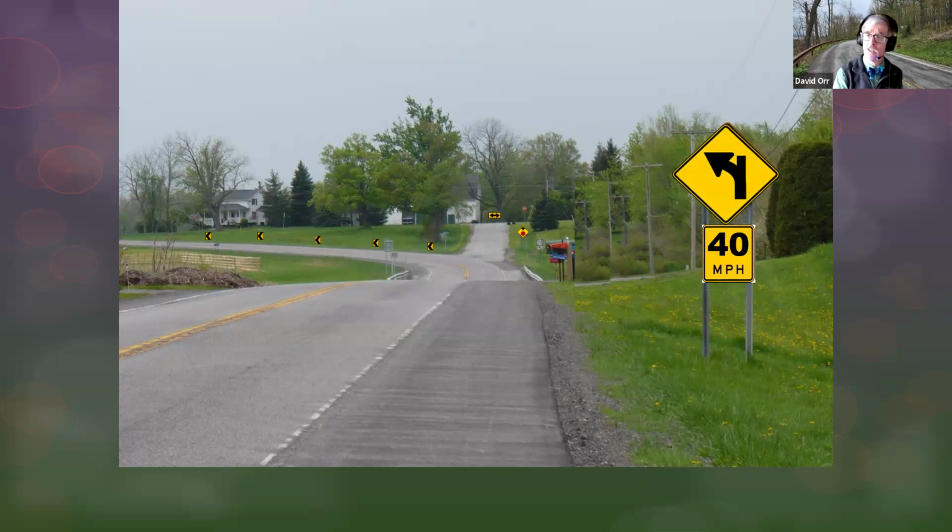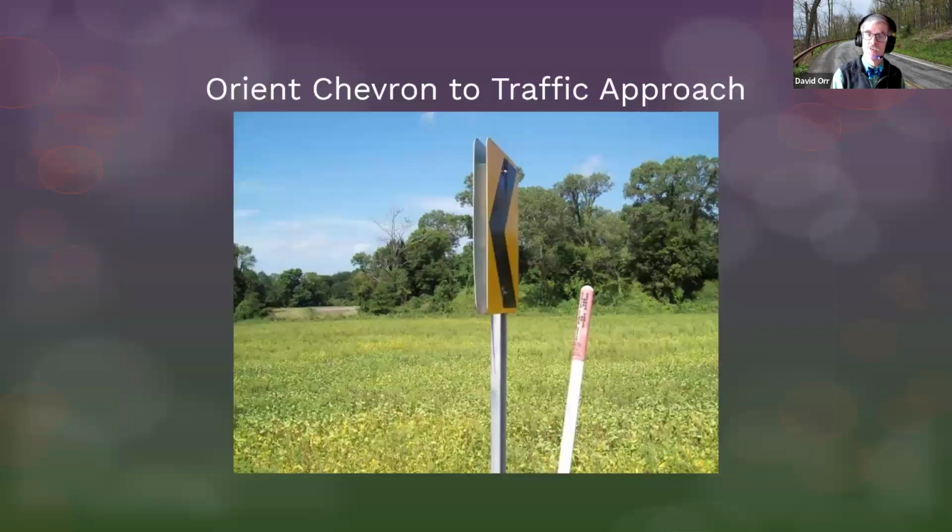Another thing is we go back to our concept of the chevrons, okay? You might want to orient your chevrons, slash your delineators, to the traffic approach. If you just put two right next to each other, one of the signs might work. The other sign isn't going to be angled very well. You could double post. You could put two posts up, at the two different angles, because they really should be angled for traffic.